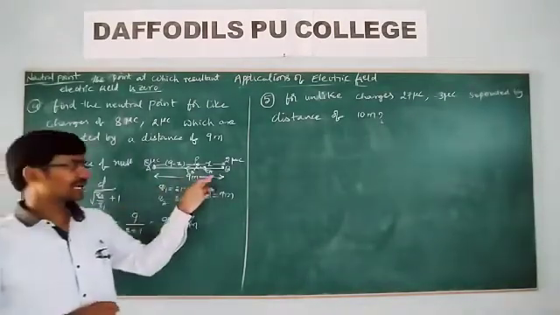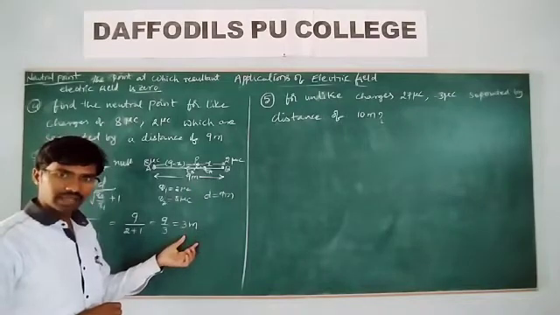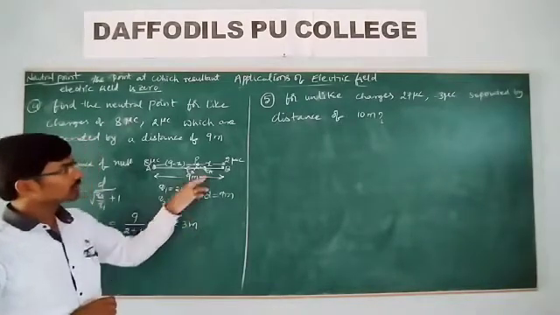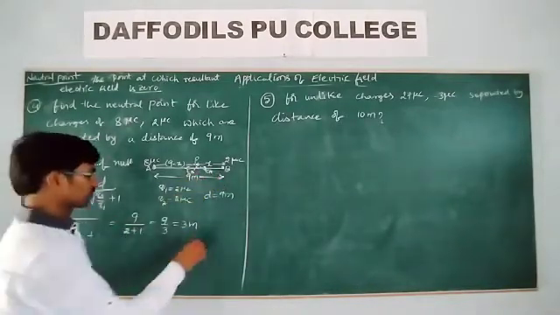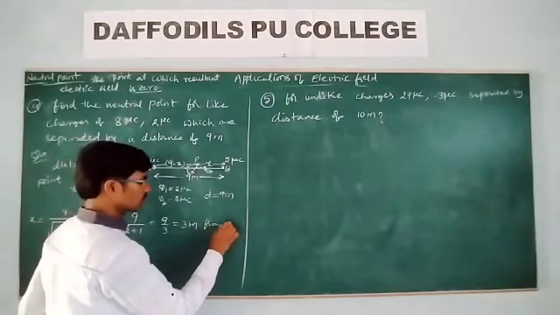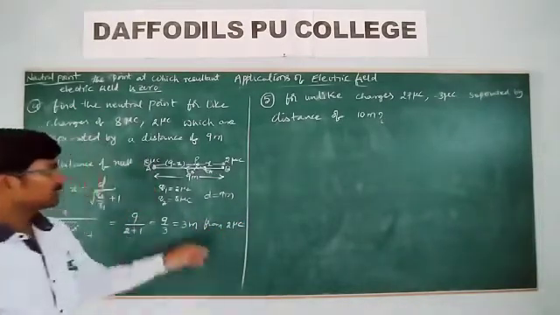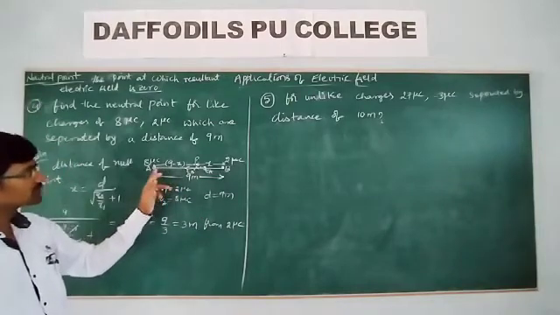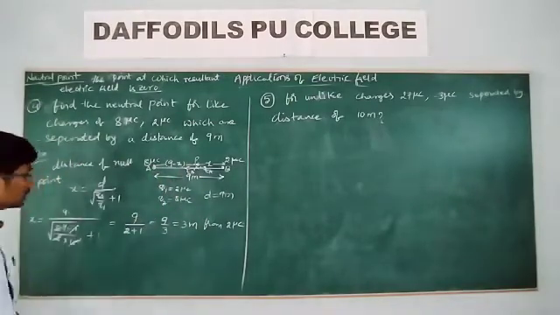That means the neutral point is 3 meter from 2 microcoulomb, and 6 meter from 8 microcoulomb.